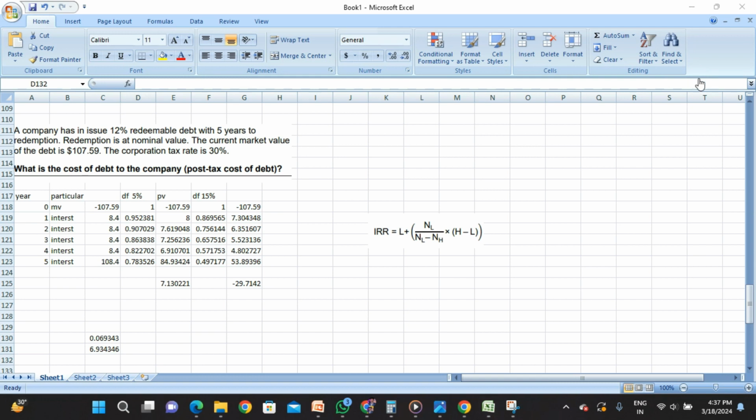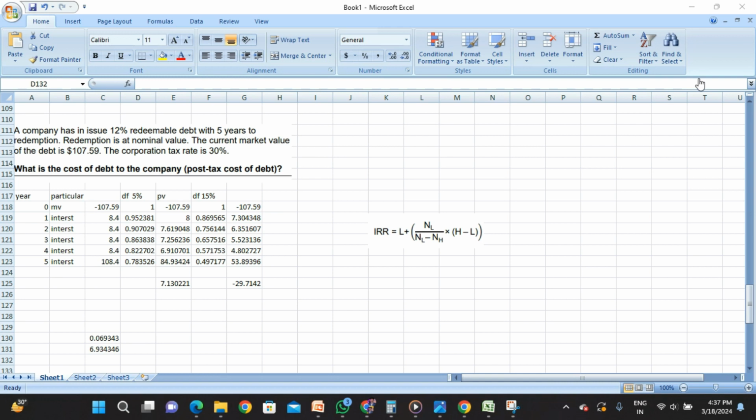So this is the redeemable debt. This is very easy. Just remember, while we are calculating the cost of debt to the company, we have to consider the tax relief. For redeemable debt, we use IRR to calculate the cost of debt.